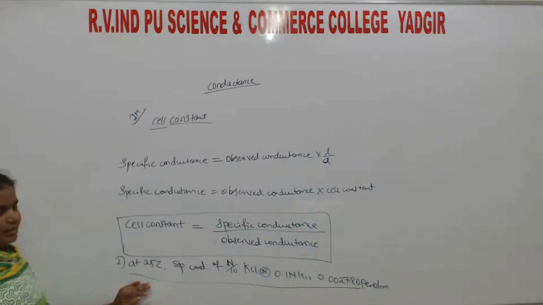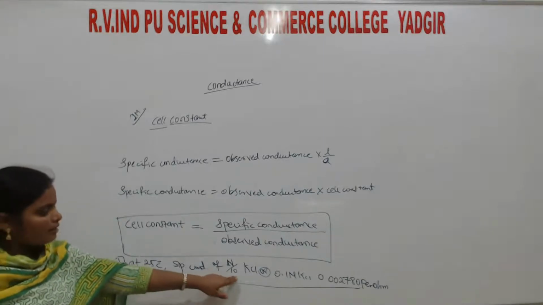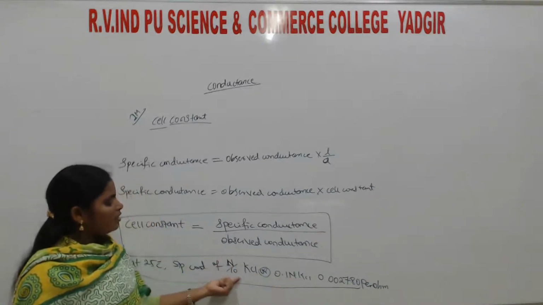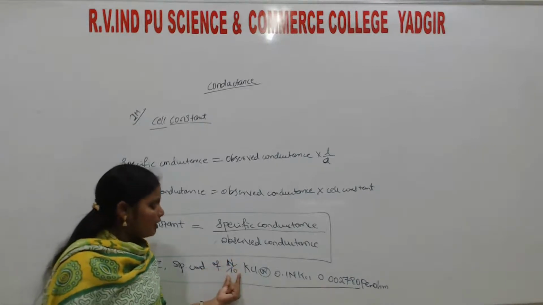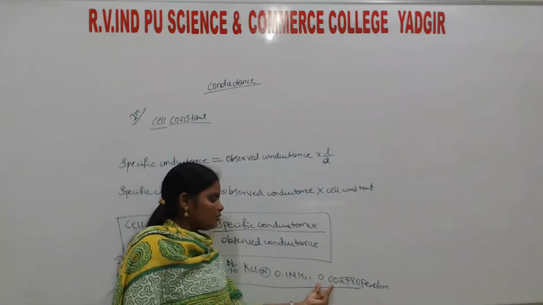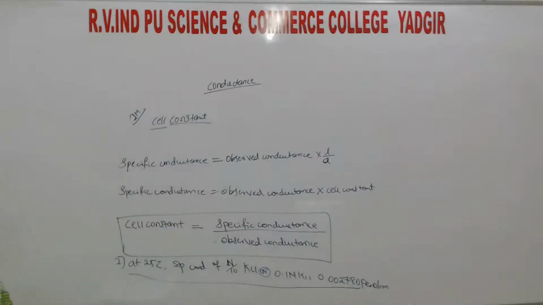At 25 degrees Celsius, the specific conductance of N by 10, that is 0.1 N KCl, is 0.00278 per ohm, and the resistance of this solution placed in the cell is 500 ohms.